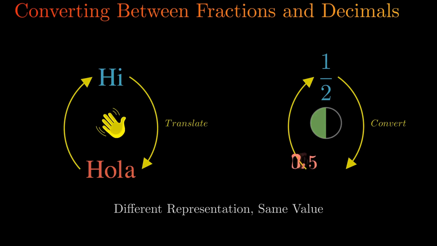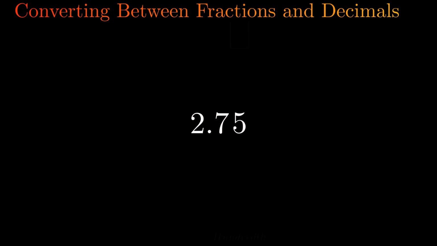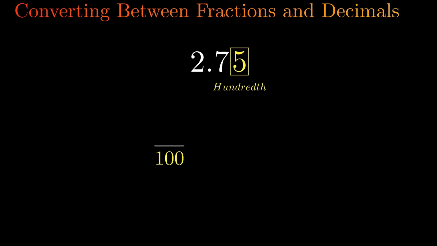First, decimal to fraction. To turn this directly into a fraction, look at the last digit. The 5 is in the hundredths place. This tells us the denominator is 100. We simply take the entire number, 275, and write it over 100. We now have 275 hundredths.